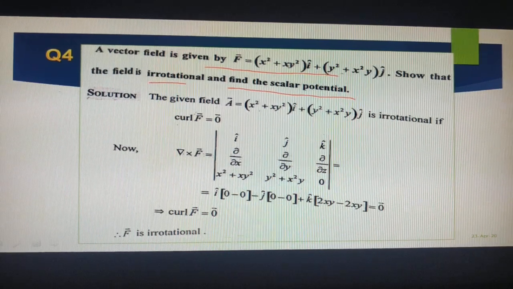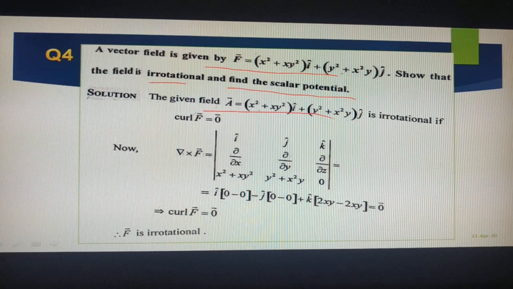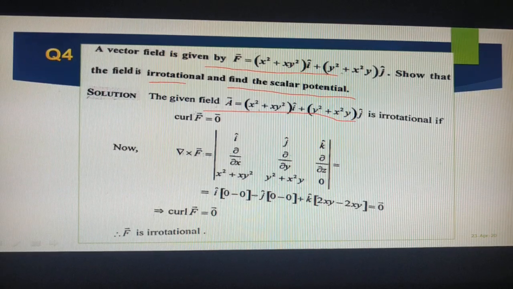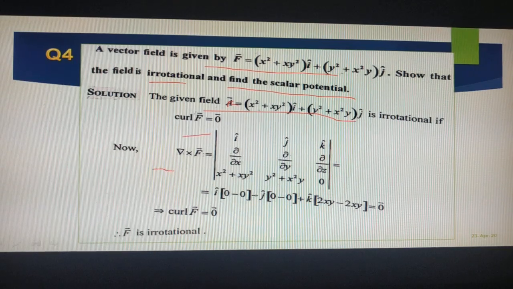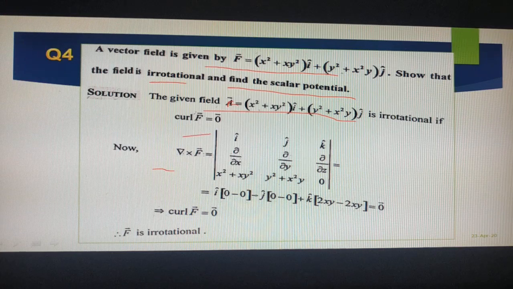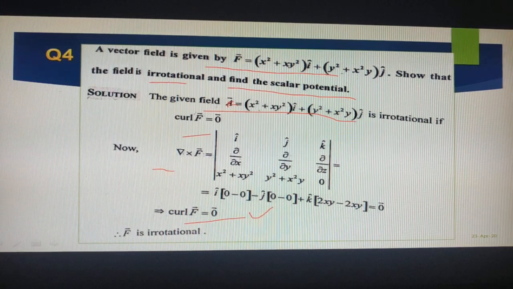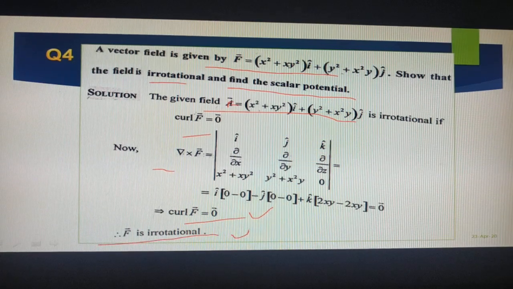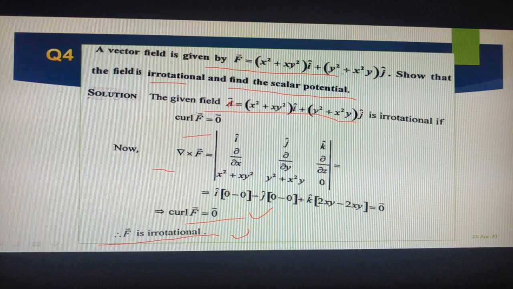Now we have your vector field, f bar. Then we find del cross f bar, and we got 0 bar. They are asking how to show that f bar is irrotational. So what result will apply?